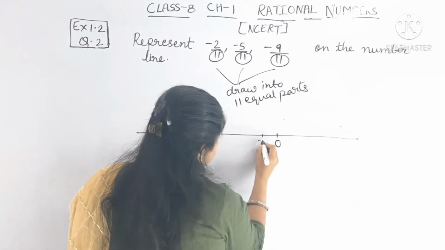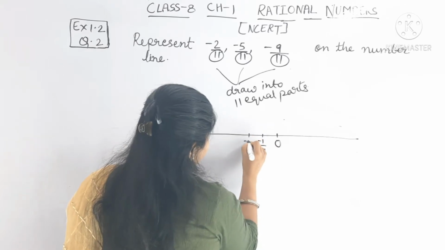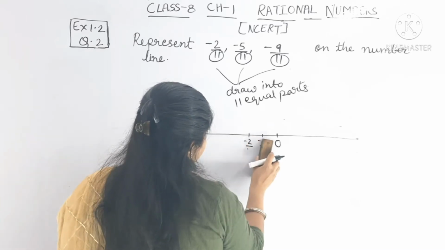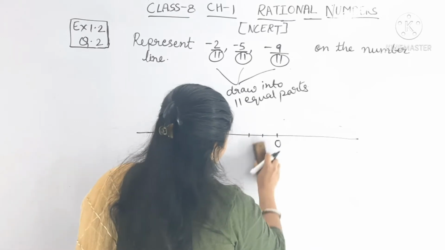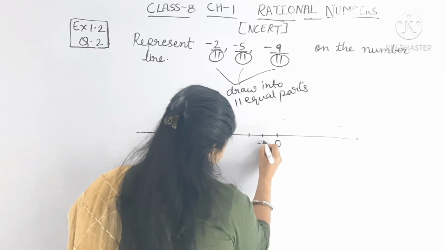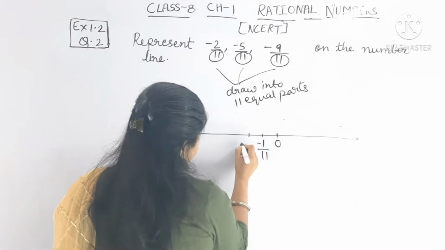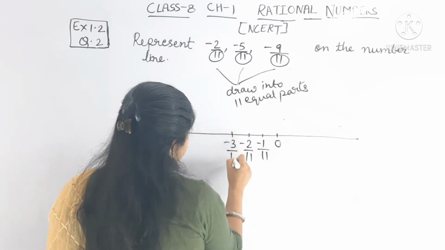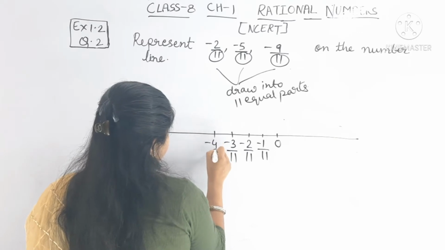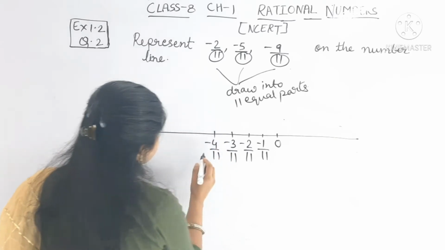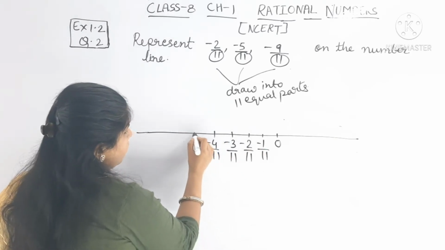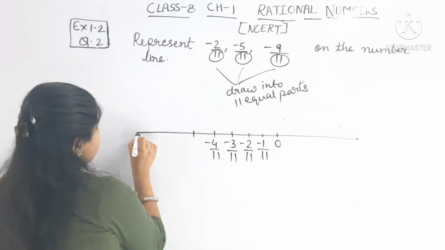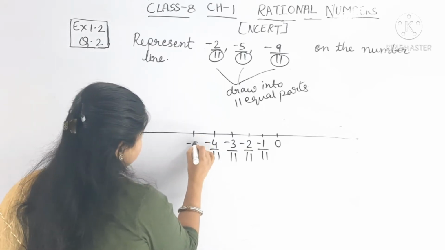Okay, 0, -1 by 11, -2 by 11. Maybe it is not visible, I am writing bigger one. -1 by 11, -2 by 11, -3 by 11, -4 by 11. We have to write 11 equal parts.